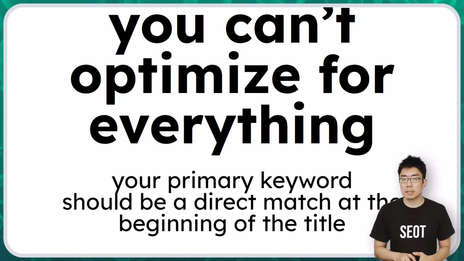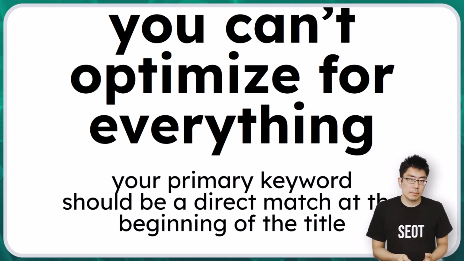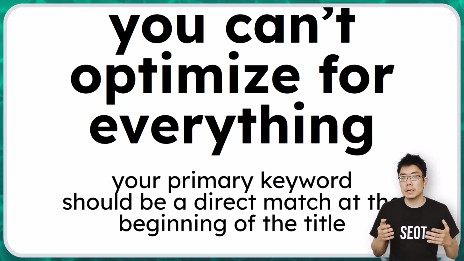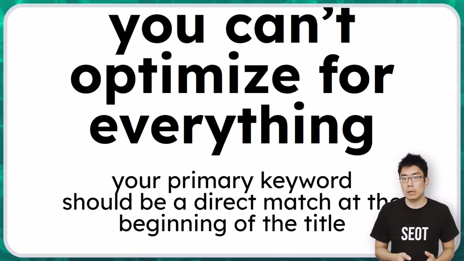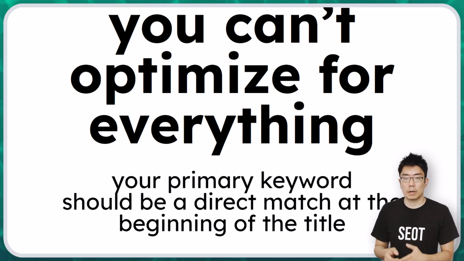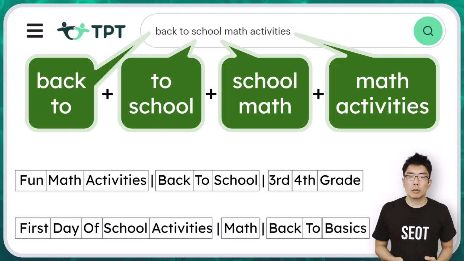But it's impossible to optimize for all keyword phrases, so you have to choose a primary keyword you want to rank for. In next week's episode, I'm going to explain how we know your primary keyword should be at the very beginning of your title and product description.